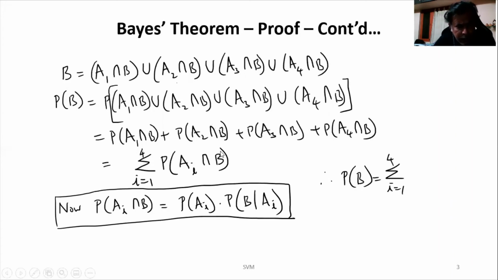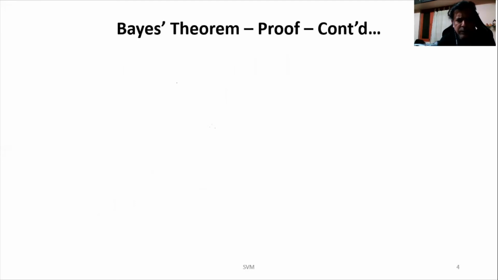Whatever is expressed inside the summation, I will replace it with this. Means I can write it as probability of Ai multiplied by probability of B given Ai. So this is one part. Now, let me move on to the next slide to continue further.